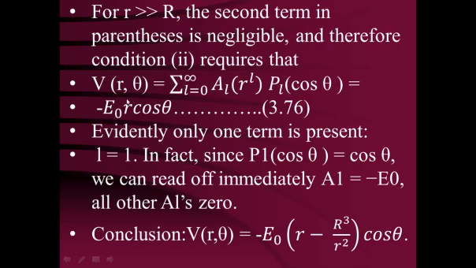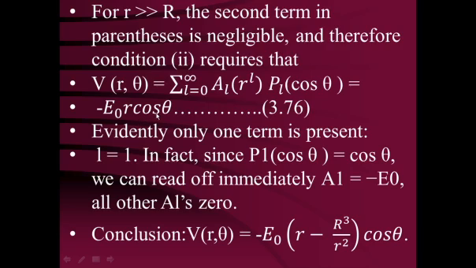That means this equation reduces to Al r to the L Pl cos theta. So, V(r, θ) is equal to sigma L is equal to 0 to infinity Al r to the L Pl cos theta, and that potential at r greater than R, using the second boundary condition, is equal to minus E0 r cos theta, that we have already proved. So, we can substitute here now. On this side there is a sigma where L can vary from 0, 1, 2, etc., but the potential is specified as minus E0 r cos theta. In this one, the power of cos theta is only 1.